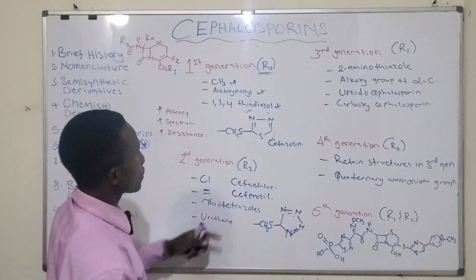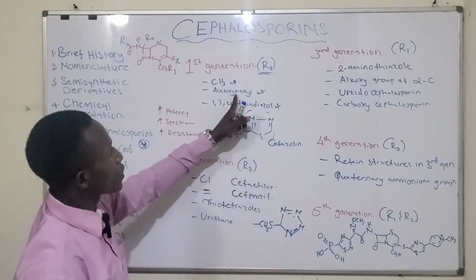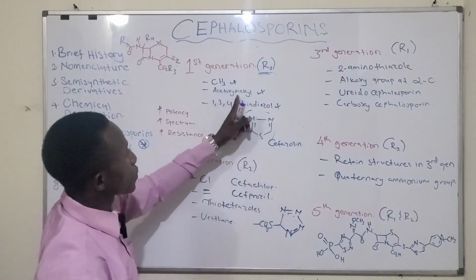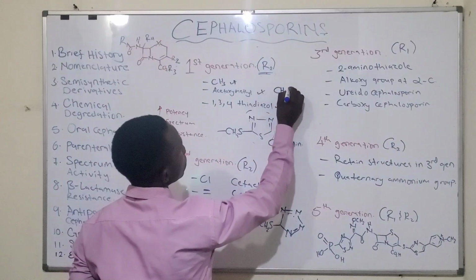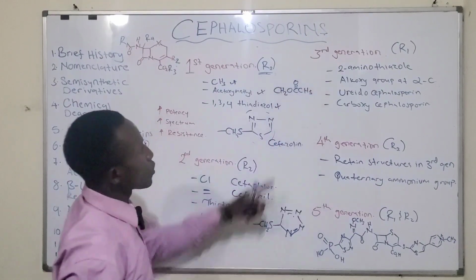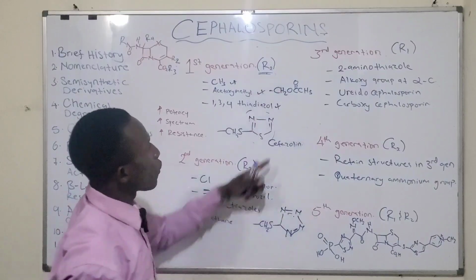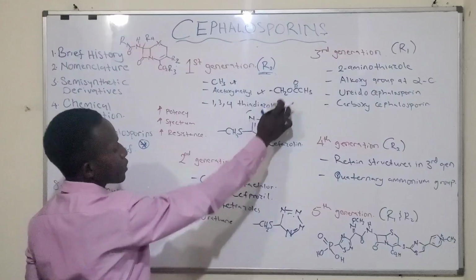Then urethane. So this group is a leaving group, but compared to the acetoxymethyl group, this one is less of a leaving group than that one.